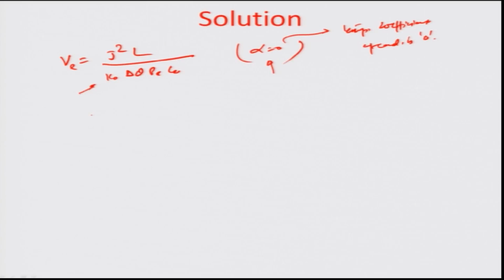So, in this case, if we provide all the values which have been given to us and calculated in the last step, the value of J, for example, which is 85 ampere per centimeter square, times the value of L, which, if we look back, is the area of the face, about 25.4 millimeters or 2.54 centimeters, divided by the conductivity of the electrolyte, which is 0.2 ohm inverse centimeter inverse, times delta theta, which is 60 allowable temperature rise, times the density of the electrolyte, which is 1.088 gram per centimeter cube, times the specific heat capacity Ce of the electrolyte, which is 0.997.